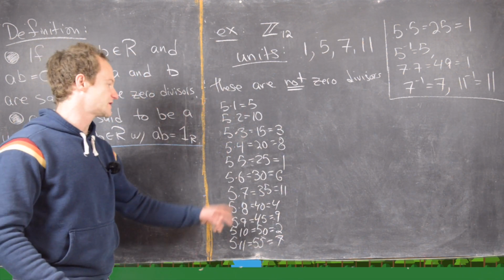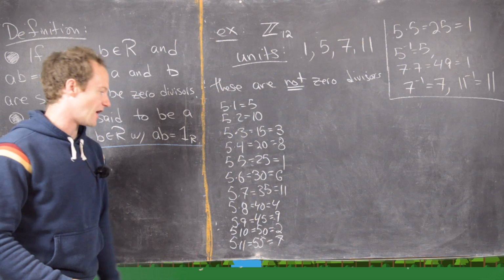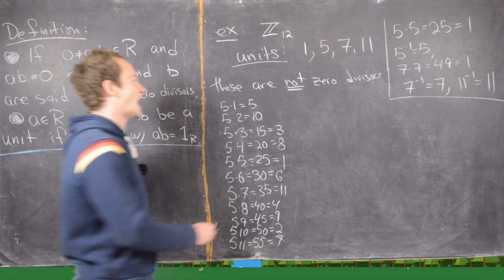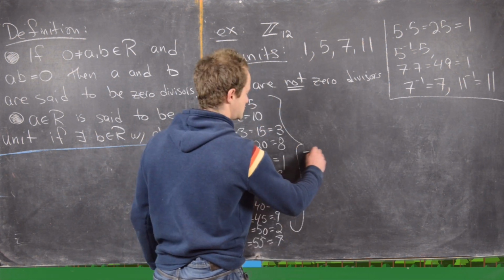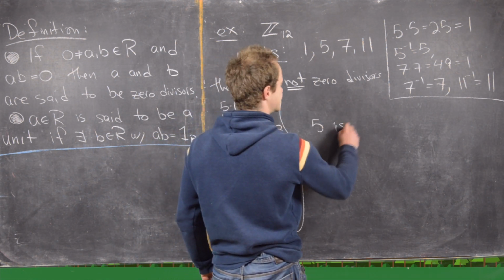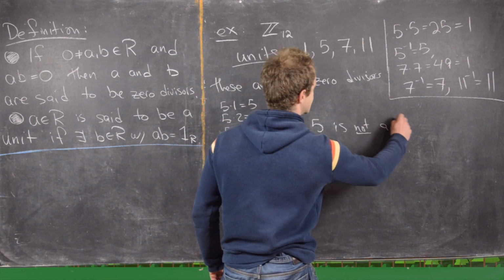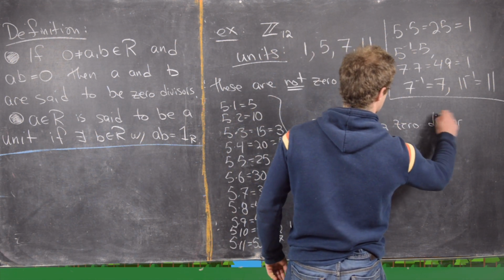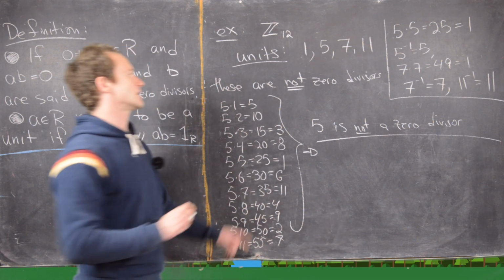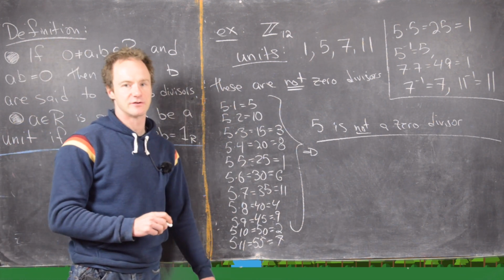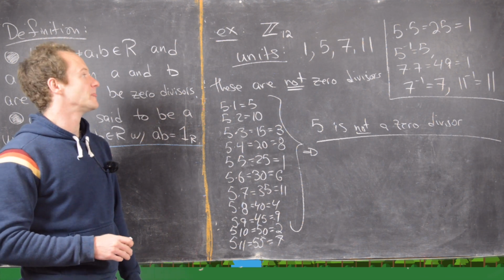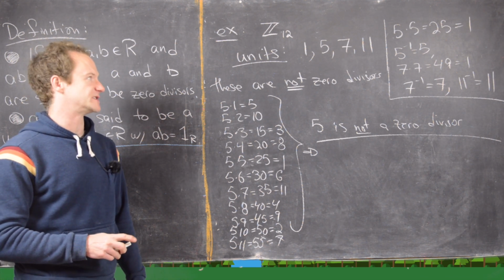Now notice we never get 0 as an output of multiplication by 5. And so that shows us that 5 is not a zero divisor. And then similarly, you can show that 7 and 11 are not zero divisors by this brute force method. Now you might say, well, what are the zero divisors?